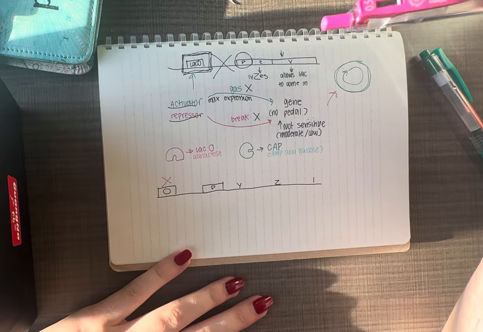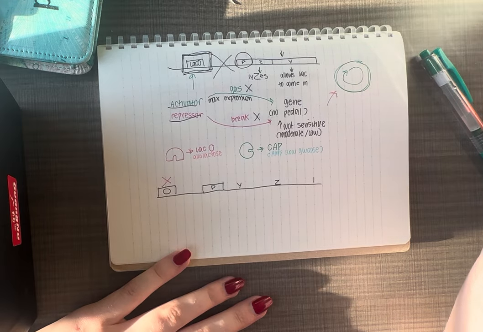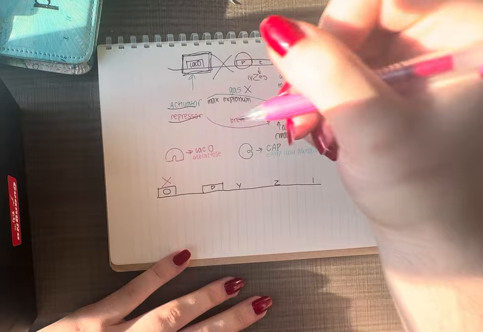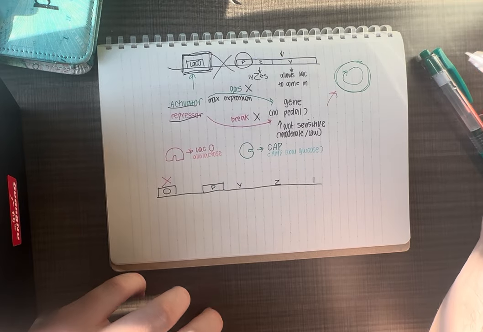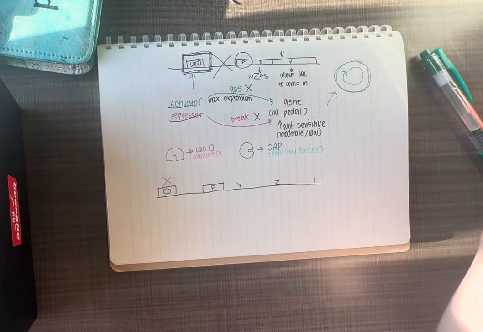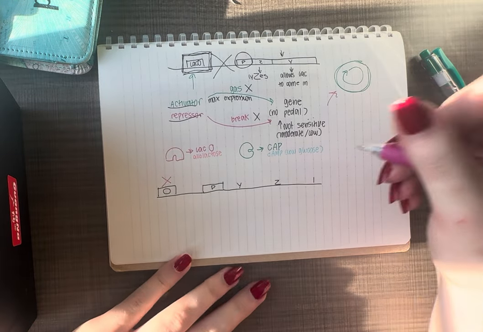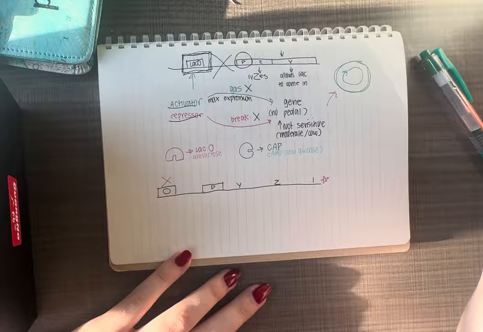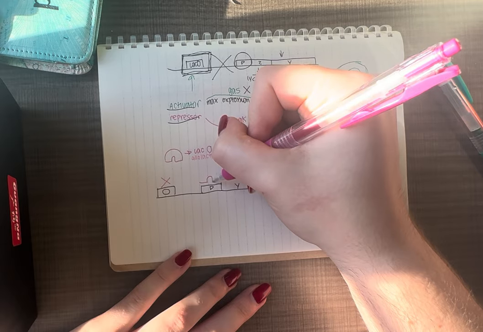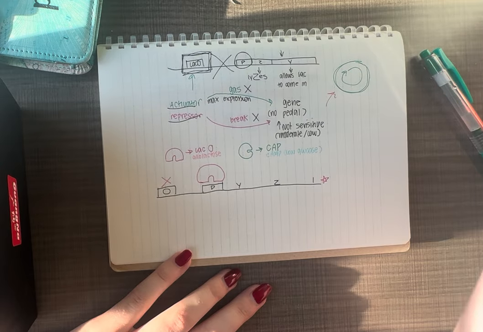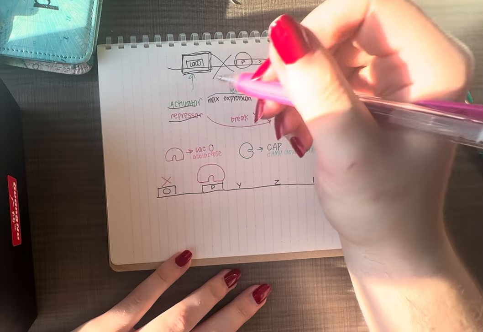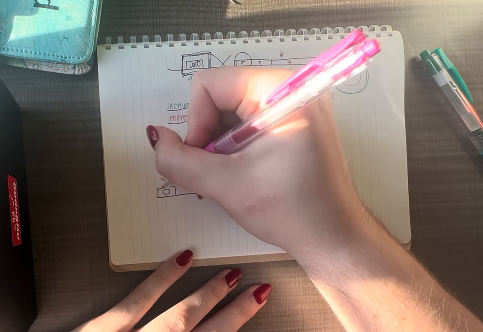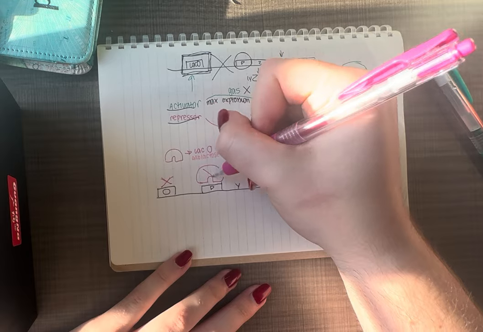If you didn't have any LAC-O, then what would happen is, in an environment where you don't have any lactose, you don't want to waste your energy making these things. Which is why you usually have the repressor in the promoter to prevent transcription. If you have no LAC-O, that means you don't have the repressor.